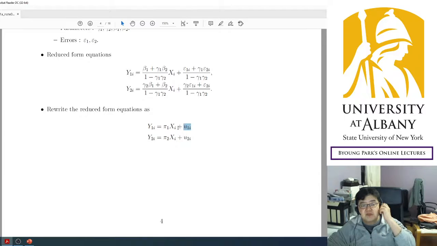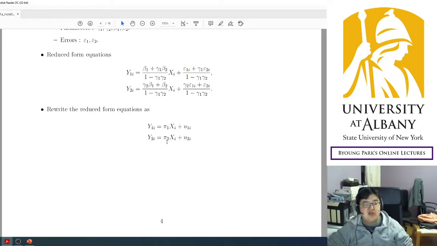So x satisfies the classical linear regression model assumptions. So pi1 is estimated by the OLS method, which is pretty simple. So pi1 is identified. Pi2 is also identified by the same logic.